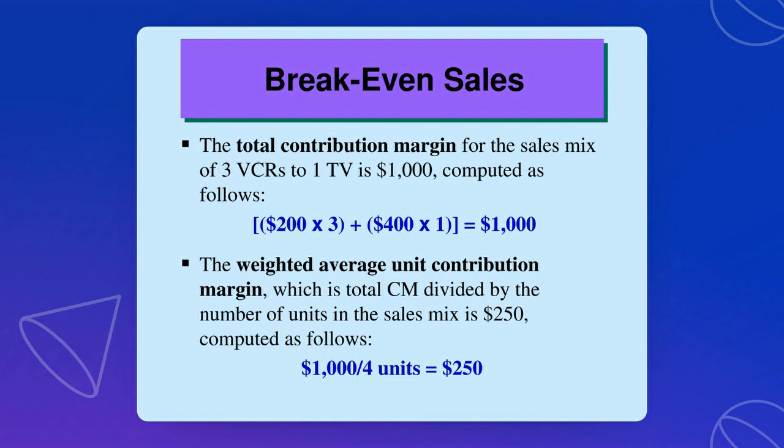So we just divide 1,000 by 4, and you have 250. So the weighted average unit contribution margin is 250.